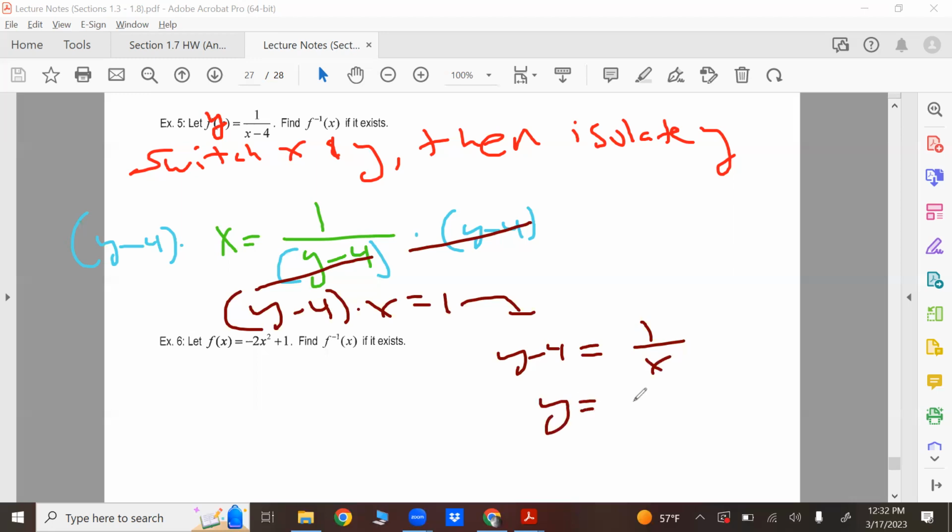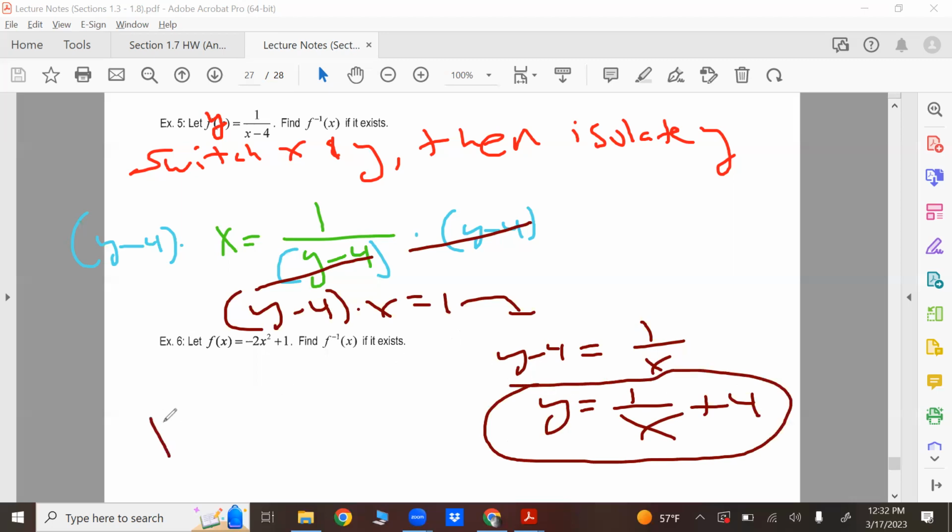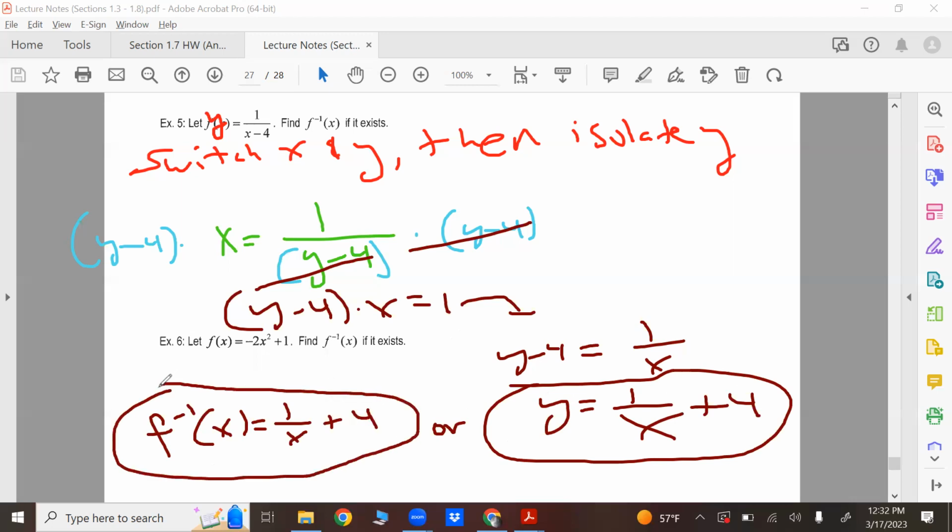And then lastly, add 4 to both sides. So this is the inverse of the original function. Or we like to write it like this with a little -1 symbol. Same thing. That's just inverse function notation. It's all part of the same problem, I just don't have space. If you put f -1 of x, it's the same thing as inverse. So that's just inverse notation.